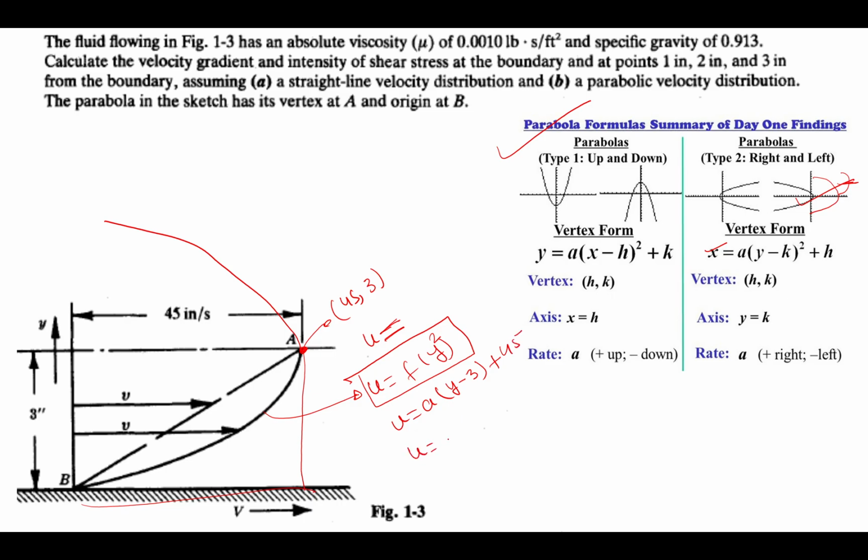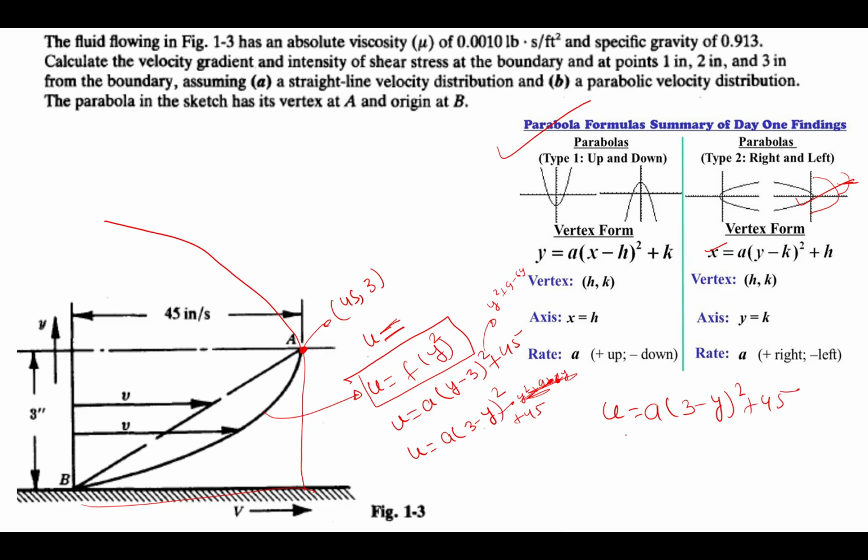So u is equal to a times the square, and you can write it either way, because when you open it, y square plus 9 minus 6y, or plus 6y, it is nothing hard and fast. So your final expression for the parabola is u is equal to a(3 minus y) squared plus 45.